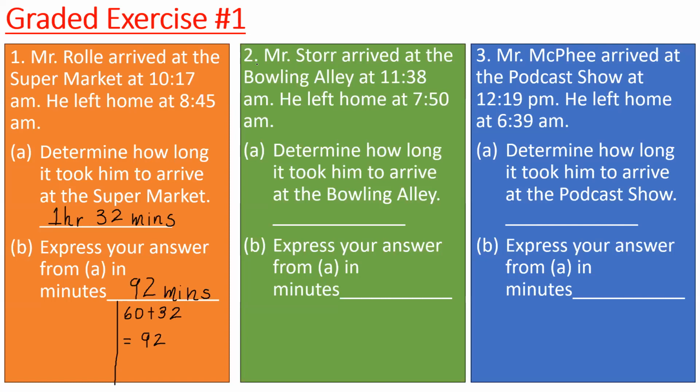So I did 10 over 10, take away 7, then I do 38, take away 50. Then I did 8, take away 0, which is 8. Then I borrowed because 3 can't take away 5 from the 11, which would become 10.